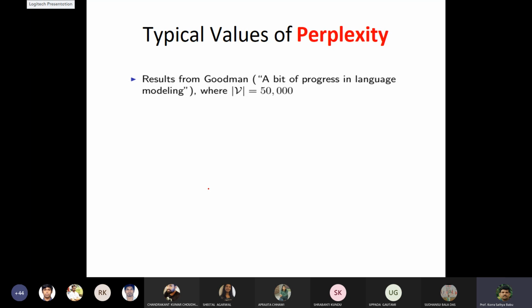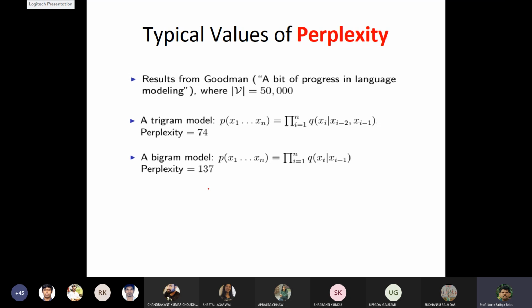There they used a vocabulary size of around 50,000, and for trigrams the perplexity is 74. I hope you understand what a trigram is here: q of xi given xi minus 2 and xi minus 1, a combination of these three words, and the perplexity is 74.